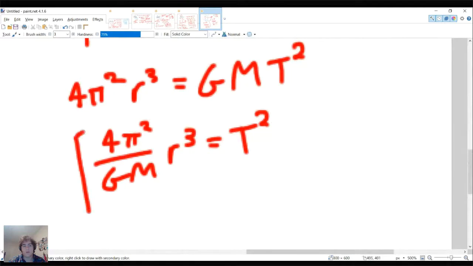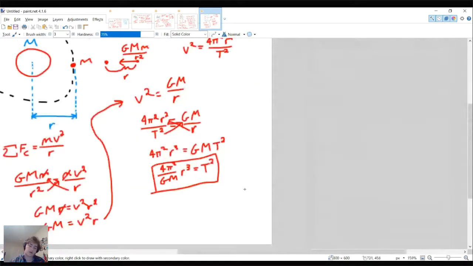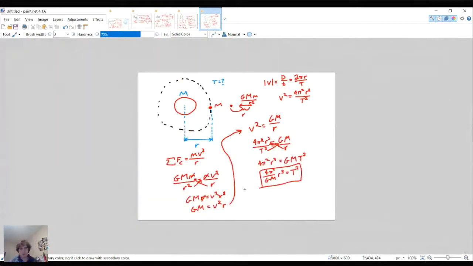And we have successfully proven that the period only depends on the radius and the mass of the sun, nothing else, which is really cool. You'd think that the orbital period, however long it takes to complete a full cycle, would depend on the mass of the planet, but it doesn't. And this can be applied to other things like a satellite around the Earth.